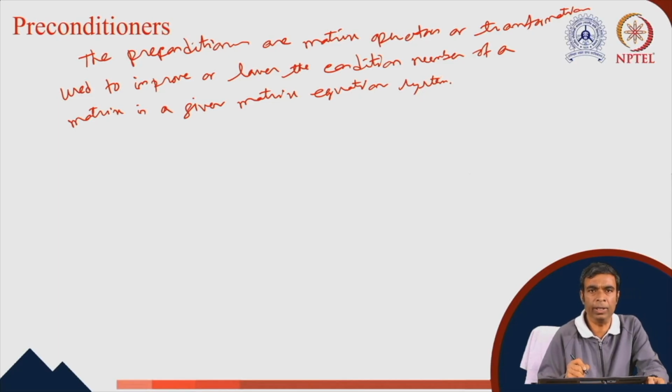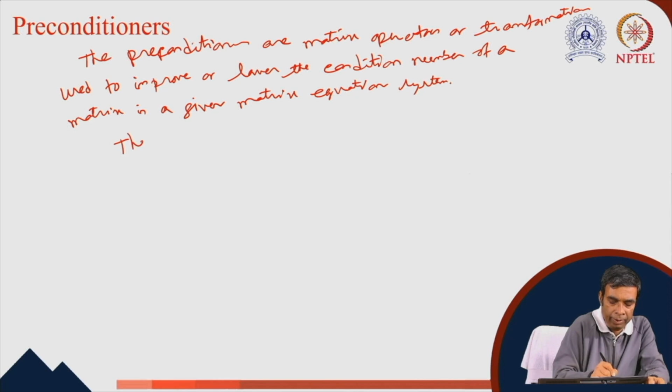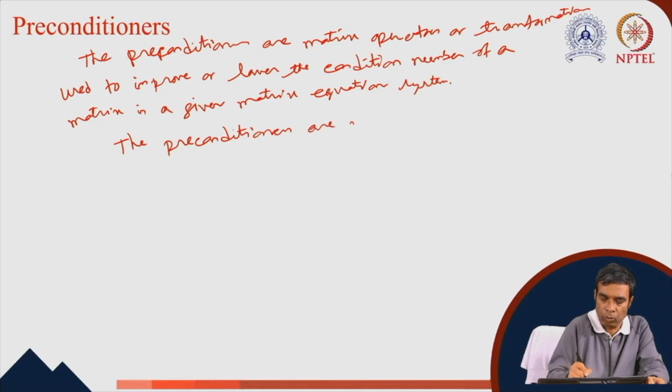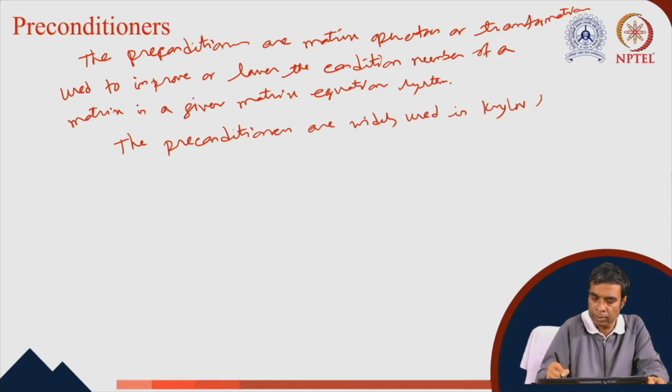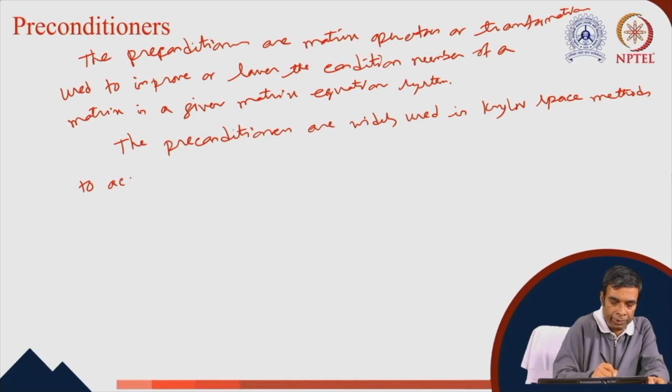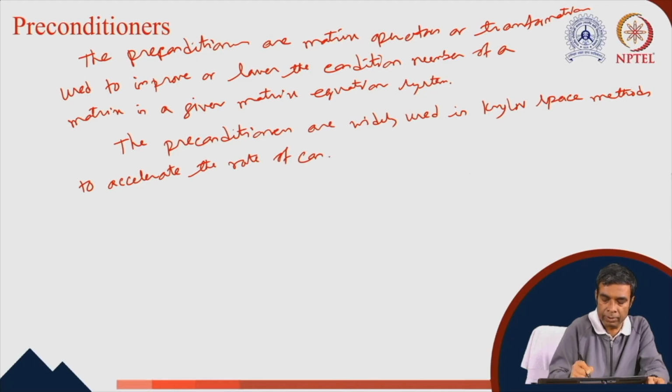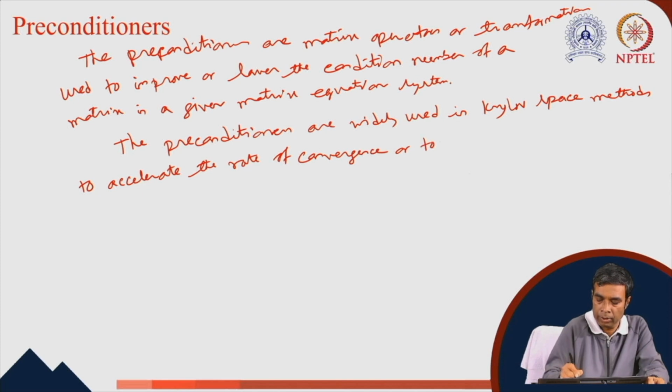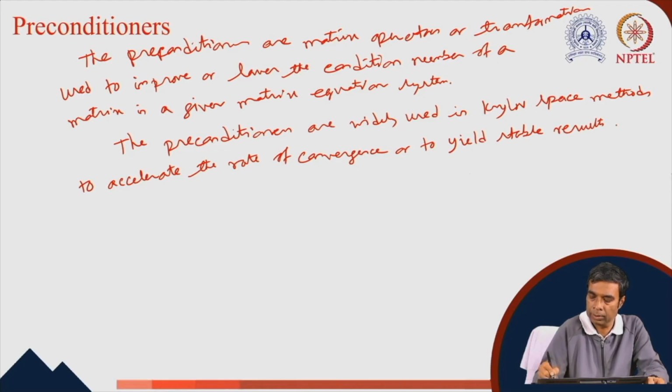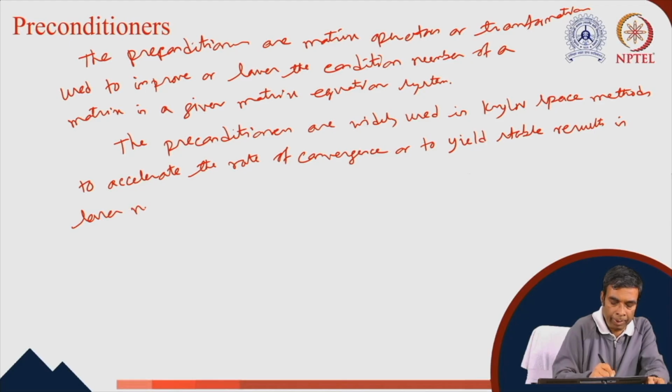Preconditioning is predominantly used in the iterative method. The preconditioners are widely used in Krylov space methods to accelerate the rate of convergence or to yield stable results in lesser number of iterations.